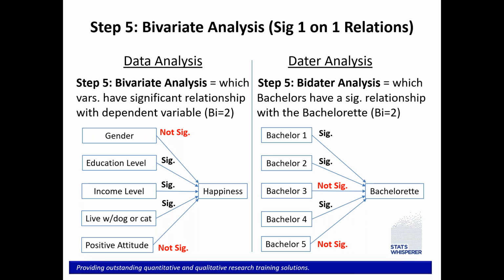So just like the show, right? The next step, those bachelors don't go to the next step of the show. And then exactly like data analysis, those variables, gender or positive attitude, that are not significantly related to happiness, don't go on to the next phase of data analysis.